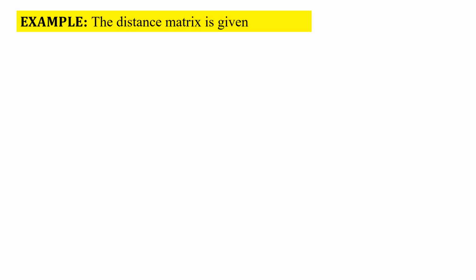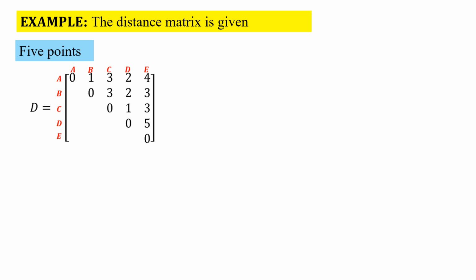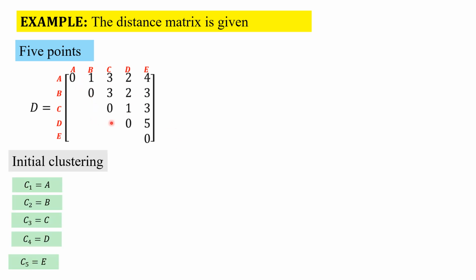Now we take an example where the distance matrix is given for the 5 points. Here we are taking a scenario where the data points are not given to us, only the distances. These distances might have been computed in any manner. From this point on, how do we go forward? The initial clustering is as usual, each point in its own cluster, and this is the corresponding dendrogram with 5 branches.